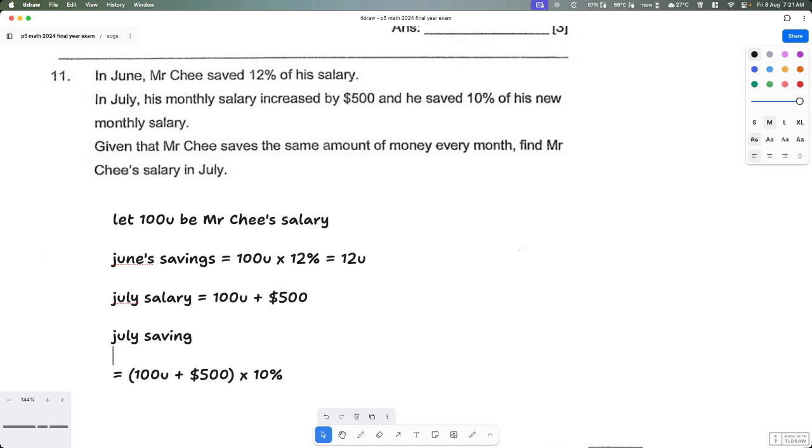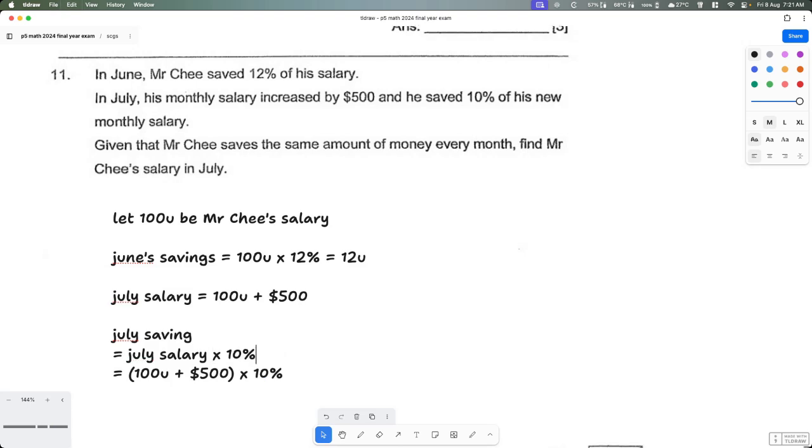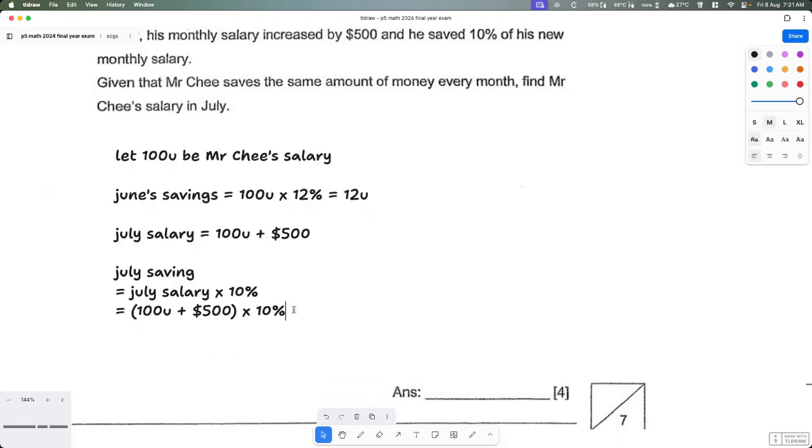Since it's in the bracket, you then just put 100 units times 10% plus $500 times 10%. When you multiply with those two brackets, you have to multiply everything inside it individually and then add it like this.